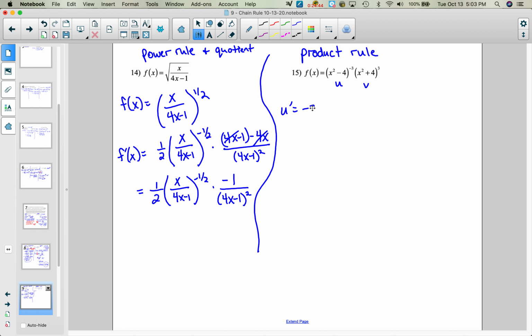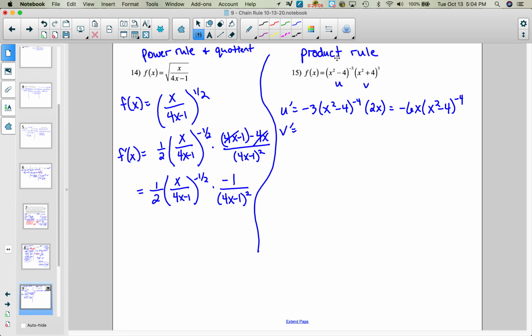So we're going to have negative 3, the inside left unchanged, to the negative 4th, times the derivative of what's inside, which is 2x. So then I have negative 6x times x squared minus 4 to the negative fourth power. So that's u prime.